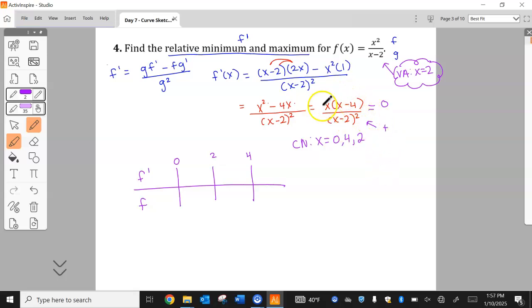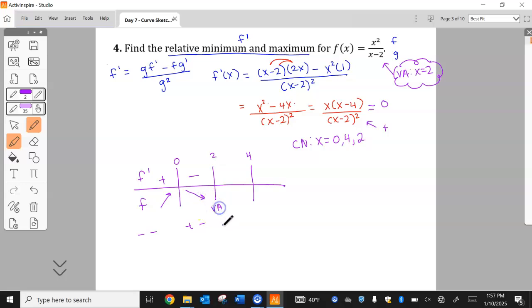I just have to worry about the 2 factors on the top. So if I plug in -1, that'll give me a negative times a negative, which makes it positive. Then I'm going to plug in 1, so that'll make this positive, that negative. So this means here I'm increasing, here I'm decreasing.